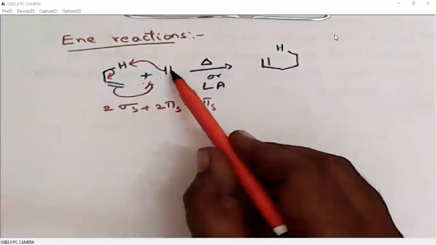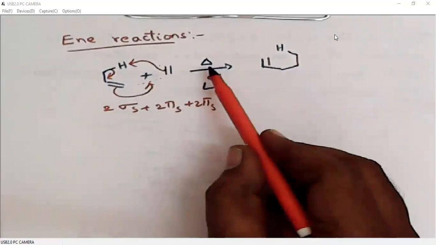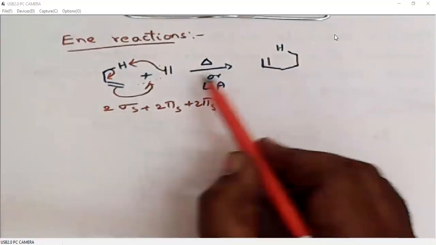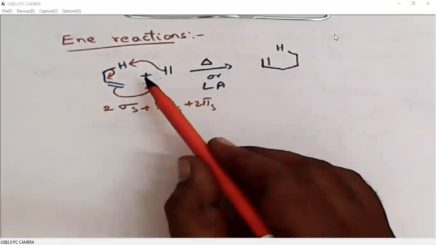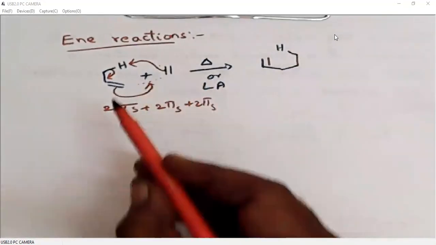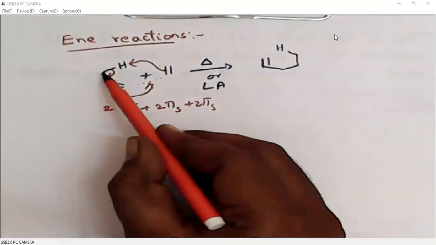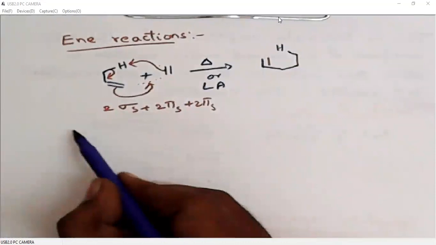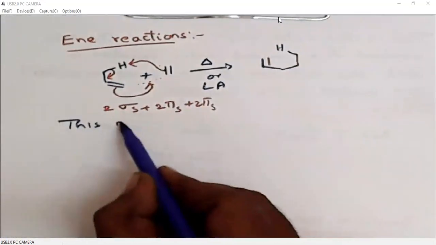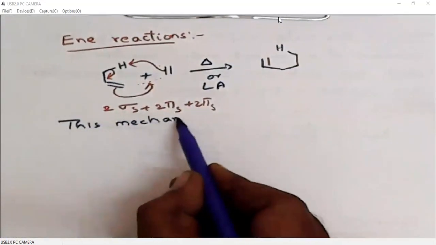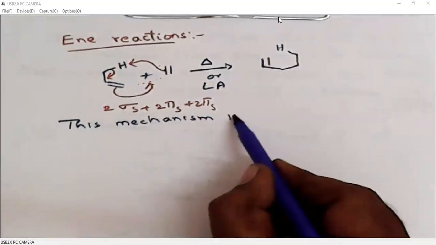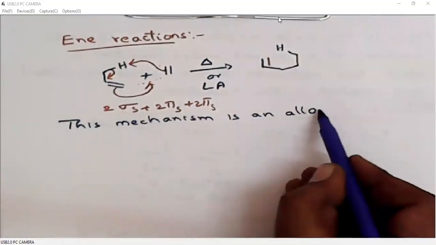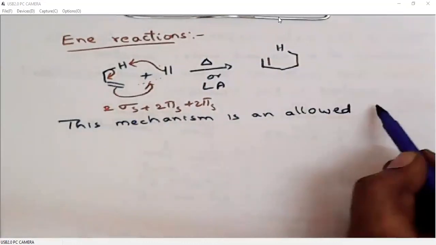So if you are given 2 alkenes and you are asked to predict the product, it is very simple: if you have an allylic hydrogen, then it is an ene reaction. This mechanism is an allowed concerted reaction.